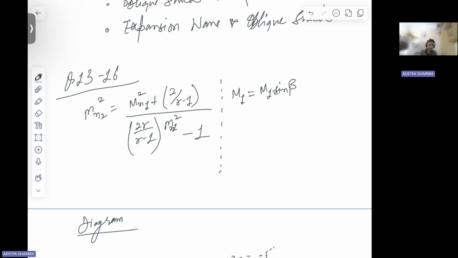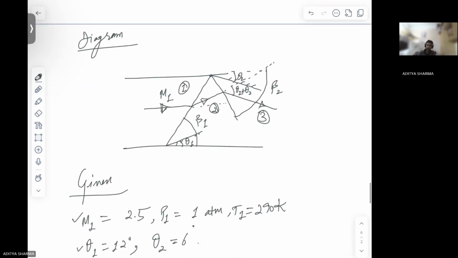Also one more is there, which is M2 is equal to Mn2 by sine beta minus theta. So these we are going to use.